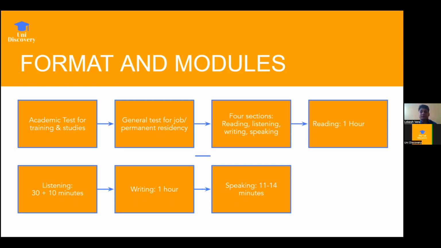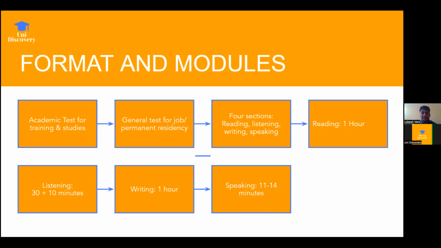Reading constitutes 40 questions where you need to grill your mind for 1 hour. You need to solve 40 questions in 1 hour. Then we have listening. As you can see, it is 30 plus 10 minutes. Now, there is a difference between the computer-based examination and the paper one. What is that?